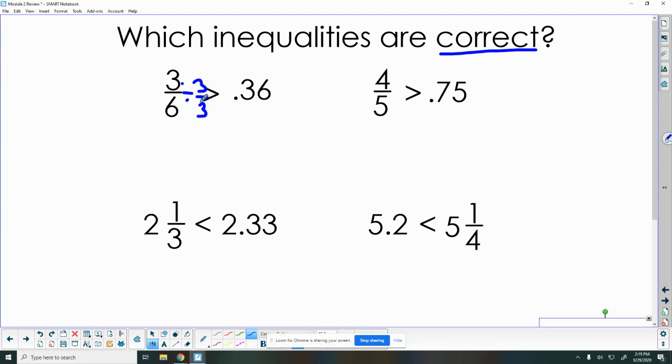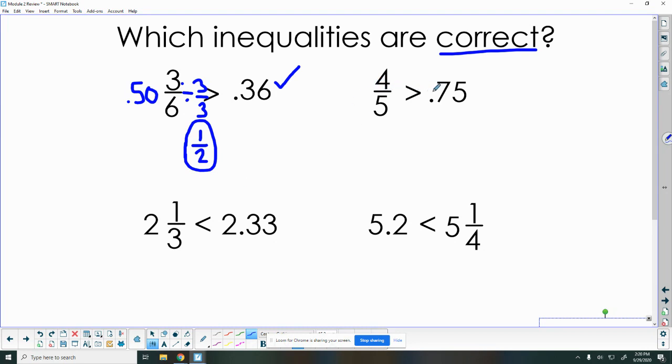A common factor is 3. 3 divided by 3 is 1, and 6 divided by 3 is 2. So when I have half of $1, I know that equals 50 cents. 50 cents is greater than 36. So this one is true.